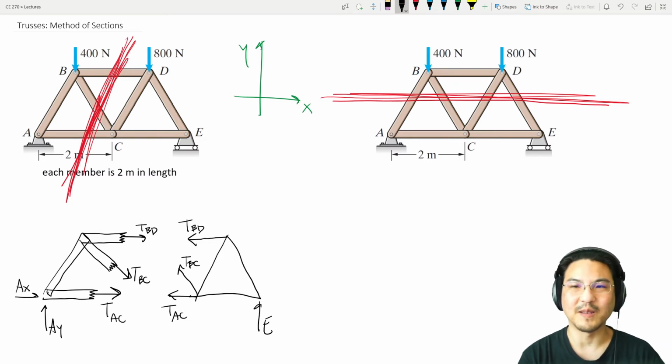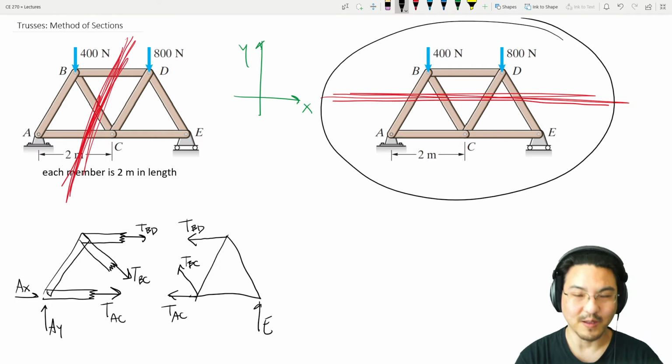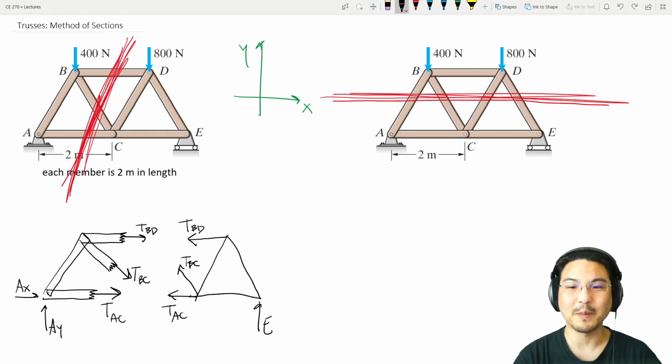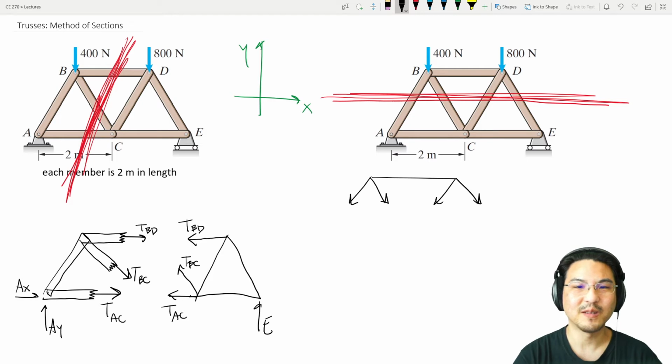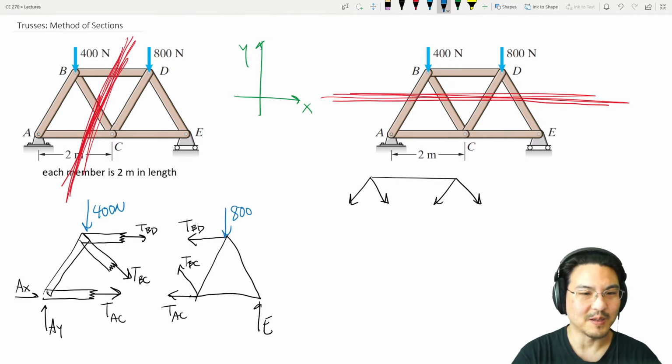And then let's say we cut it this way. So now the top section would look like this, the free body diagram of the top section. Oh, and I forgot to draw the loads up on the top. 400 newtons here, 800 newtons here.